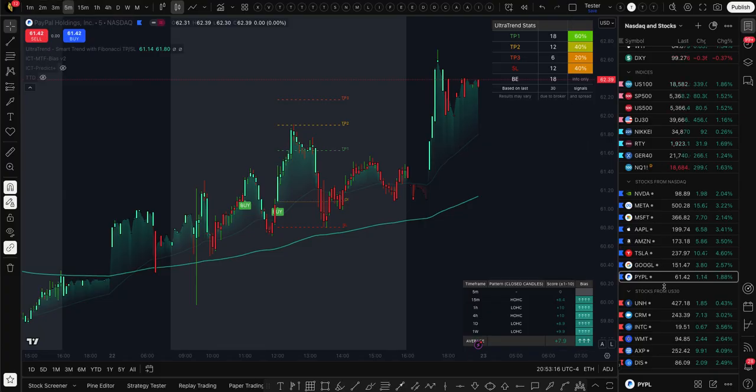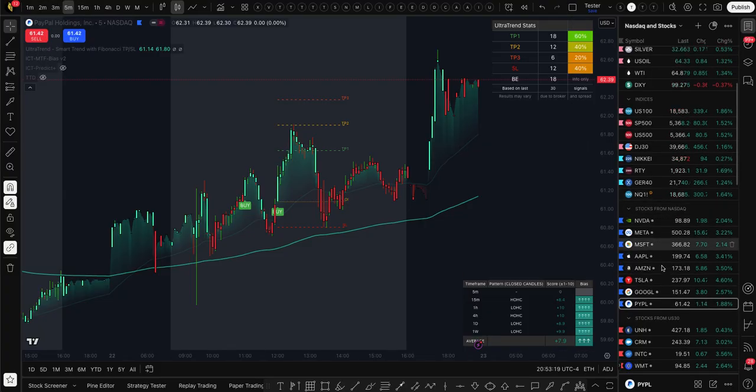But for some reason, you can see how influential Tesla is, right? It's a huge company, and it has a huge market cap. So if Tesla gets some sort of good news, something is happening with Tesla that is causing the stock to fly, it will affect the rest of the stocks inside the Nasdaq.